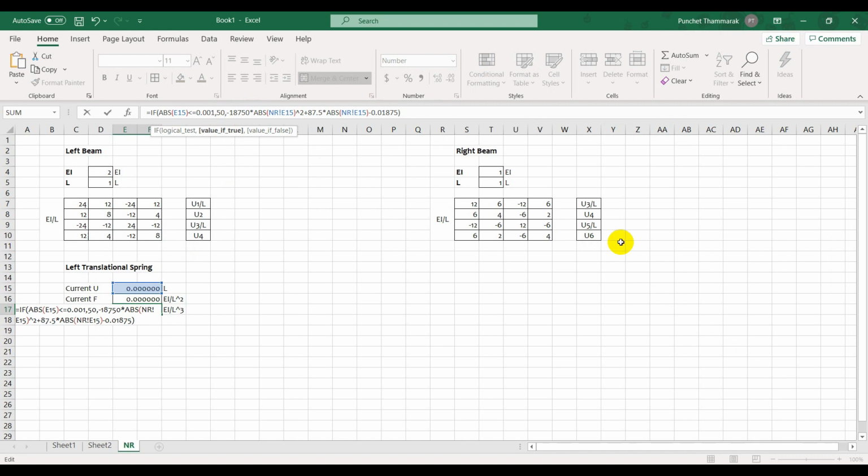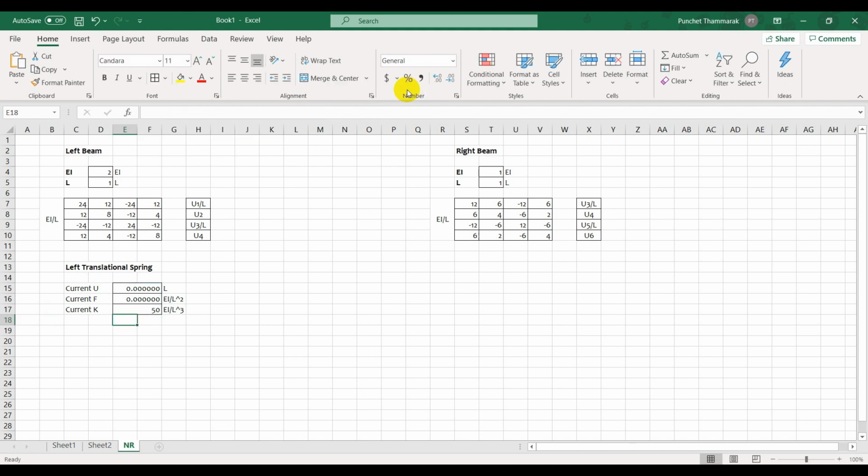If it is not U, it will be equal to 2AU plus B. So this is A times 2 times U, which is not square, plus B. That's it. And enter. So you get 50. So things are quite systematic.